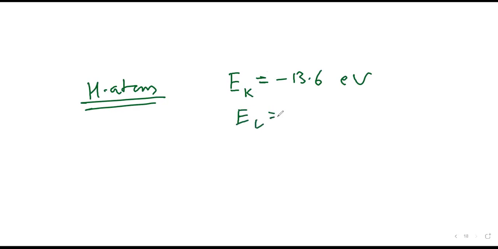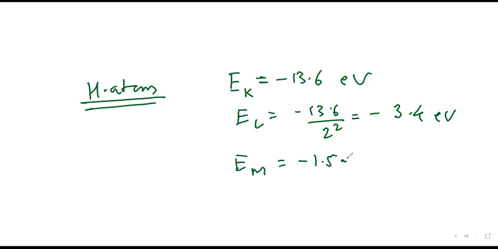Energy of the L shell is minus 13.6 by 4, because I have to do 2 squared. So it is minus 3.4 electron volt. What is E_M? Minus 1.5, right?